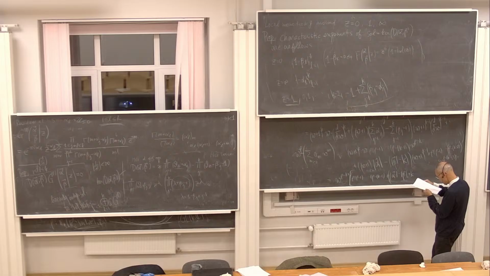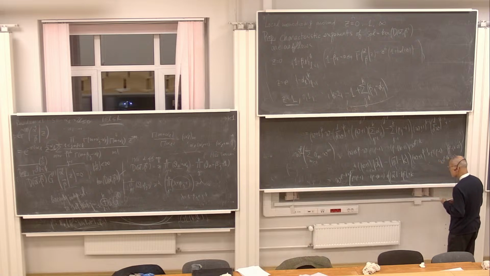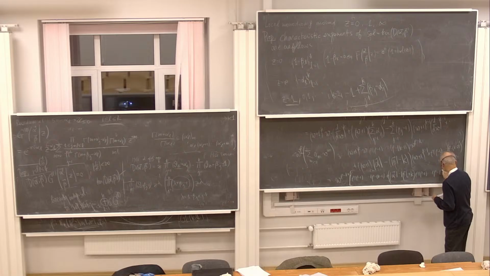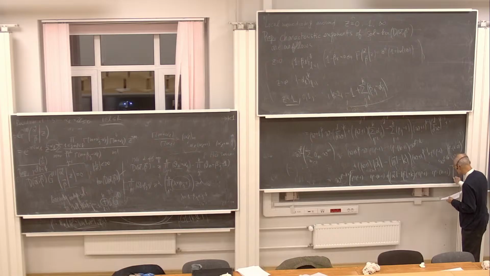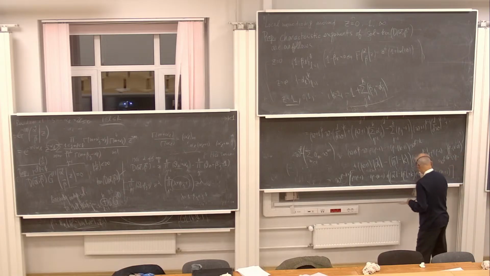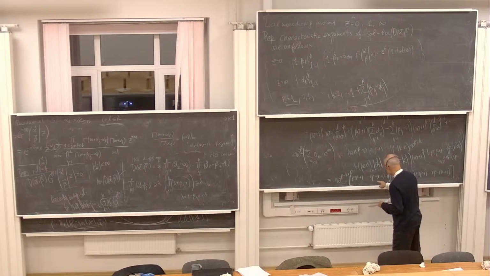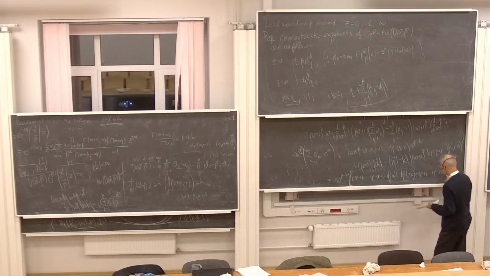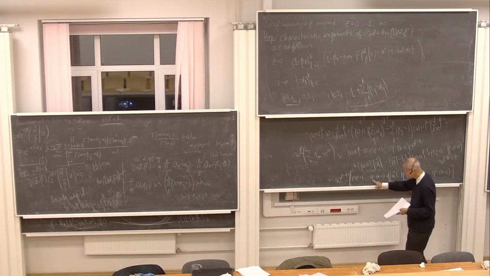Of course, this one and this one have the factorial till k minus 2 present.